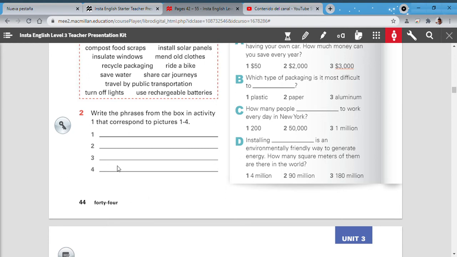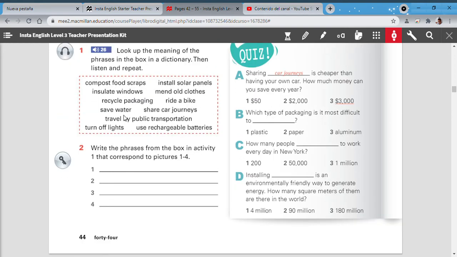Now let's see. Save water. Save, ahorrar. Save water, ahorrar agua. Travel by public transportation. So if you have a car, you don't use a car. You use public transportation. Viajar en transporte público. Turn off lights.